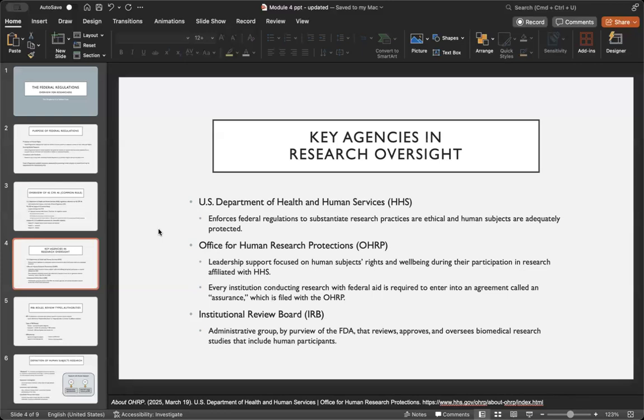Institutions conducting federally supported research must file what's called an assurance with OHRP, essentially stating that they agree to comply with the federal regulations. And then finally, IRBs, or institutional review boards, are responsible for reviewing, approving, and overseeing research involving human participants at the institutional level.